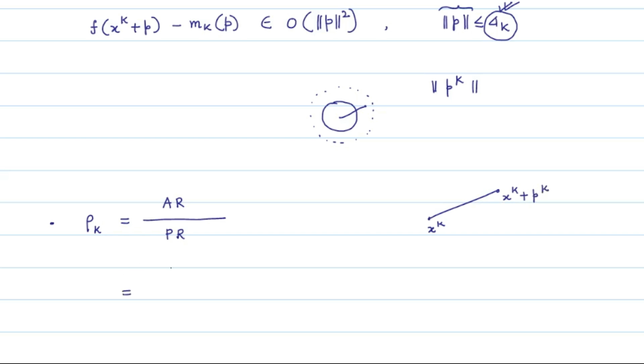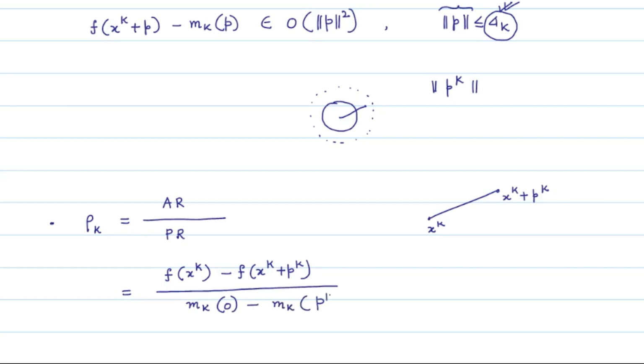Actual reduction is then given by the difference f(xk) minus f(xk plus pk), and the predicted reduction is given by mk(0) minus mk(pk).